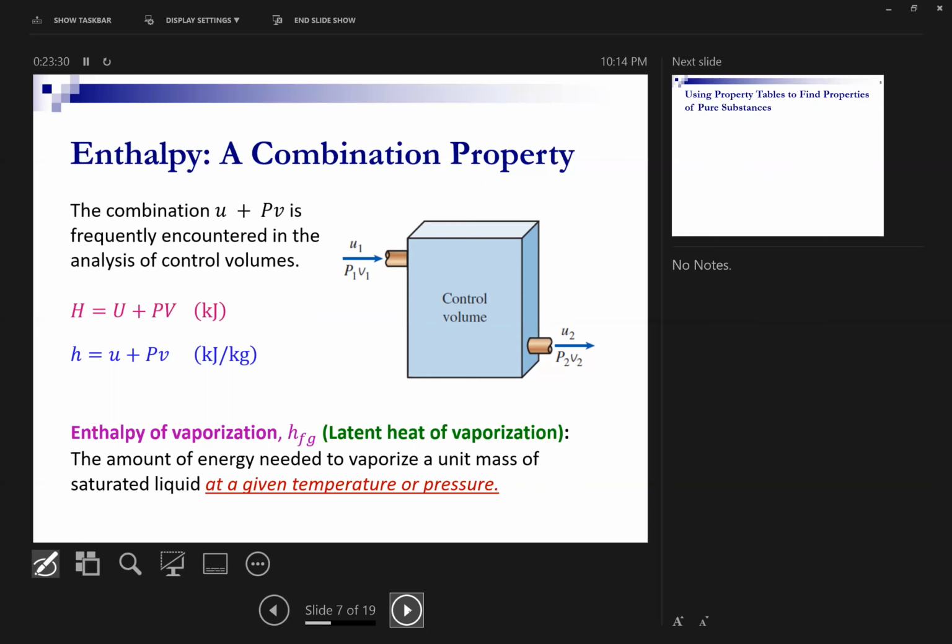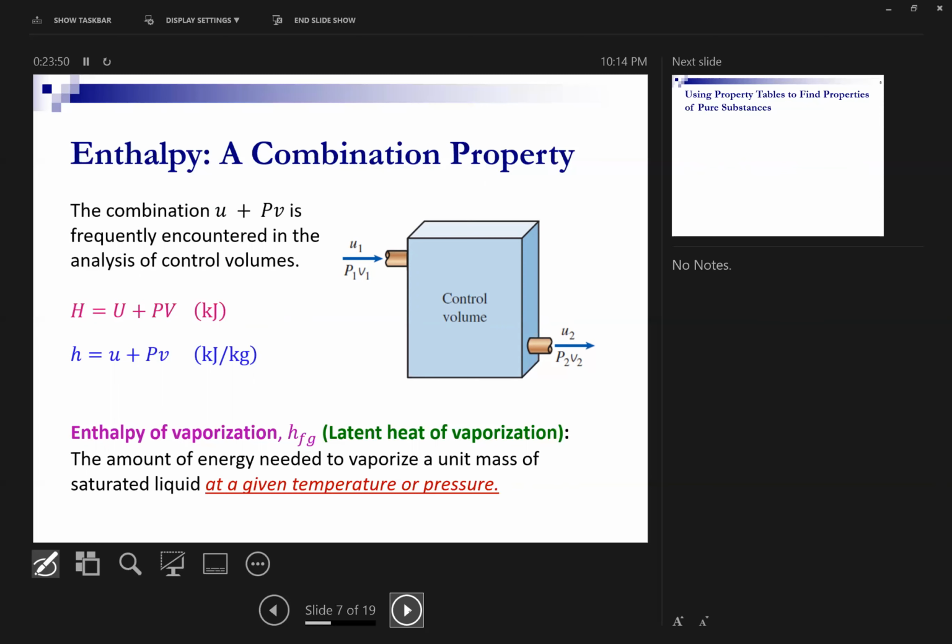Just like the specific internal energy, which has the unit of kilojoules per kilogram, specific enthalpy has the same unit of kilojoules per kilogram.